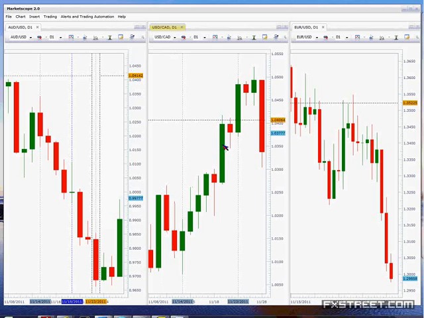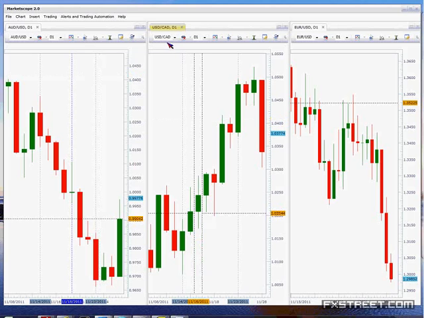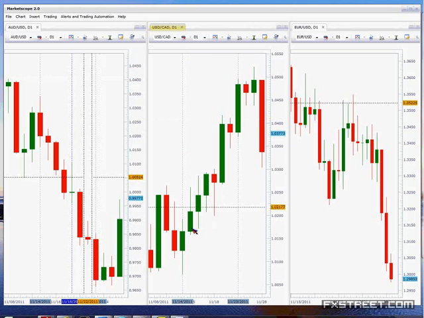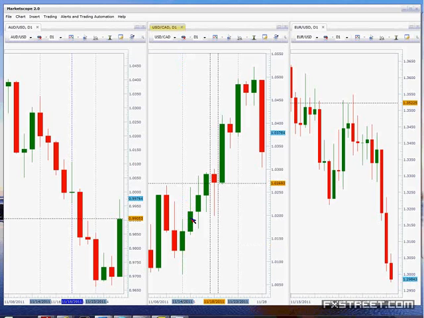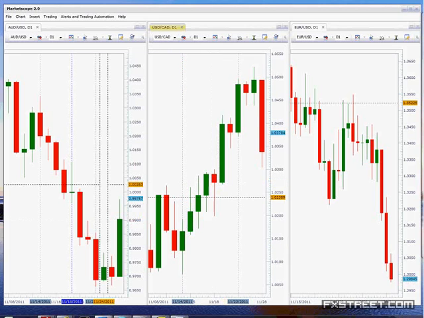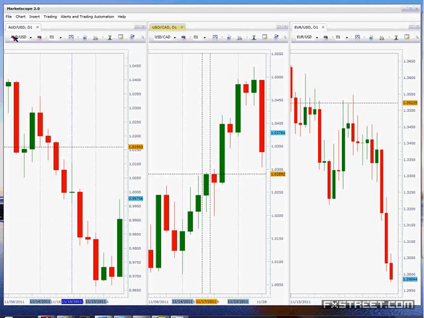The challenge is, if I had to guess what the Aussie CAD would be looking like, now in this case it gets a little difficult, and I'll tell you why. And I'll probably still take some guesses. It's difficult because the movement, and that's what I want you to understand, the movement from start to end is almost the same. The pips, the number of pips it's moved is really sustained. If I'd seen a weaker move on US CAD, weaker, meaning it could be green, but the green candles were shorter versus the red candles that I see on the Aussie US.